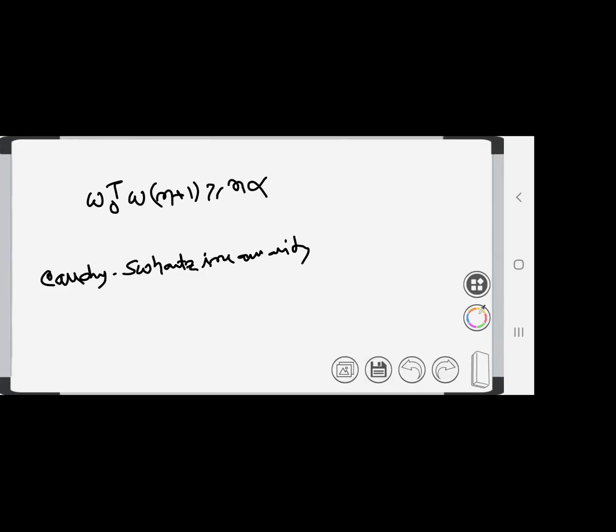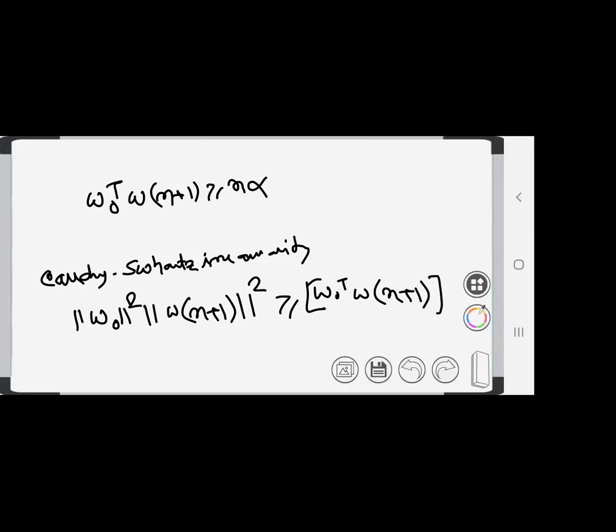If we use the Cauchy-Schwarz inequality, then we can write this equation in the form: the square of the norm of W naught times the square of the norm of W n plus 1 is greater than or equal to W naught transpose W n plus 1, squared.